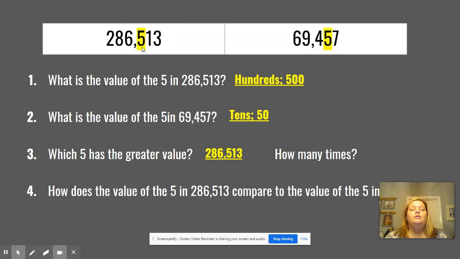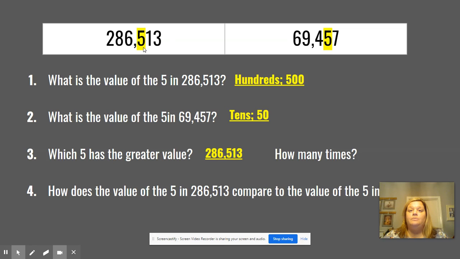That is 286,513. By how many times? It says right here. How does the value of the 5 in 286,513 compare to the value of the 5 in 69,457? Well, remember, if the number is to the right, like right here, let's say this 6 was a 5, that means that would have been 10 times greater. But if it's to the left, it means it's 1/10 that number.